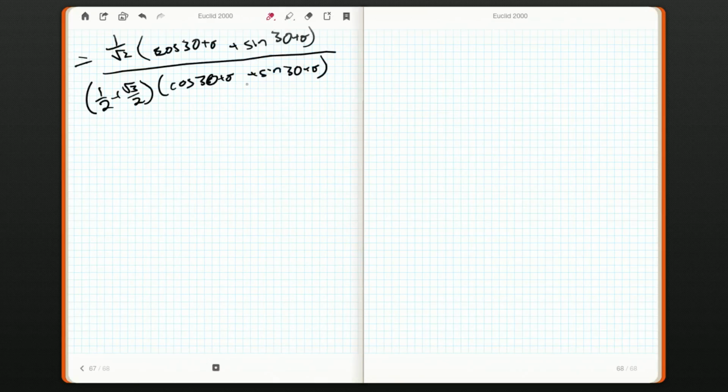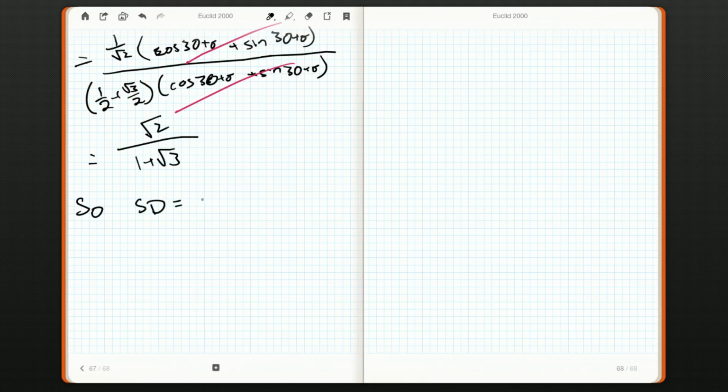And rather happily, these guys cancel out. And we get a 1 plus root 3 on the bottom, and then a 2 goes up to the top. So it should be root 2 over 1 plus root 3.